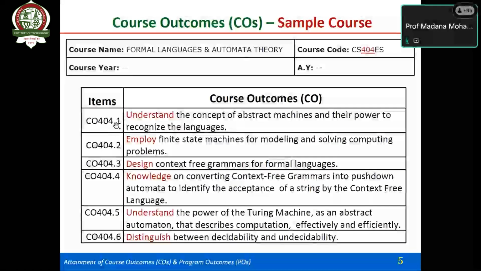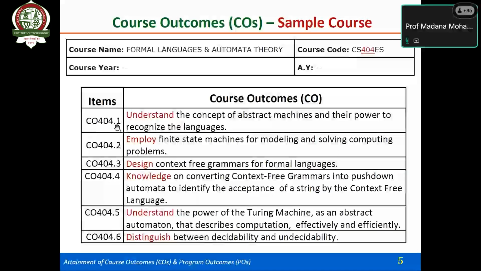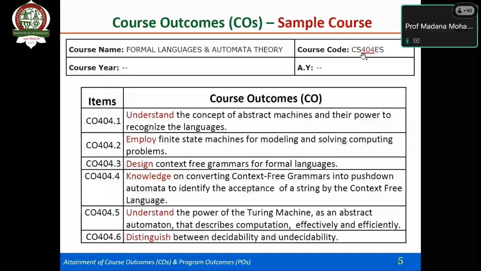For this course, let us see here 6 COs are defined. The CO names are numbered based on the course code, followed by the CO number in sequential order. The first CO: understand the concept of abstract machines and their power to recognize languages. Second: employ finite state machines for modeling and solving computing problems.